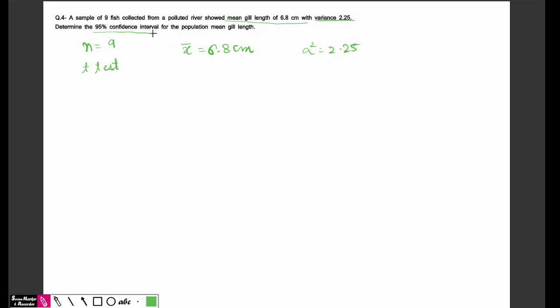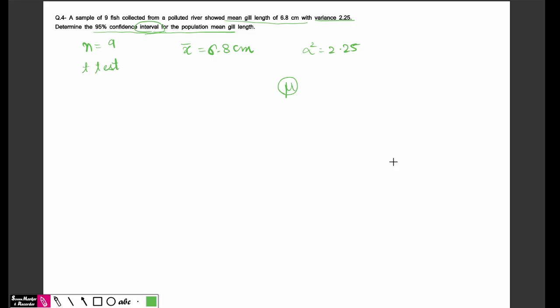You determine the 95% confidence interval. This time you have to determine this for the population mean gill length. It means you have to actually find a range for the population mean which can be statistically significant at 95% confidence level. So you have to find a range for mu this time.